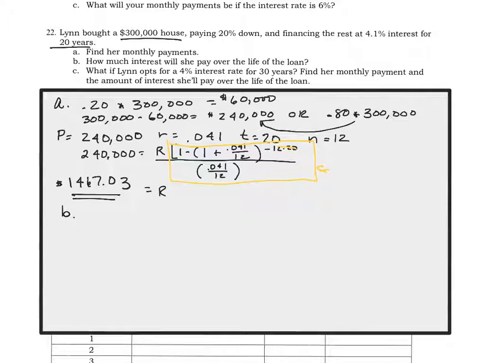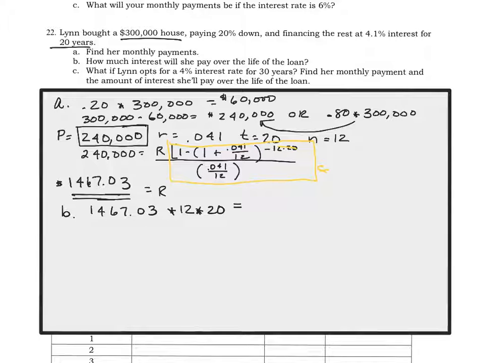All right, so we know that she borrowed $240,000. So every month she's paying $1,467.03. Just don't leave this amount with all the trailing decimal places in there, because you're not writing a check for anything over that $1,467.03.